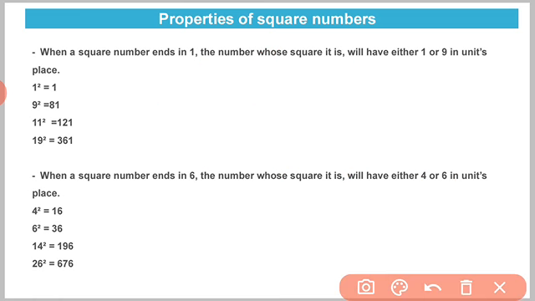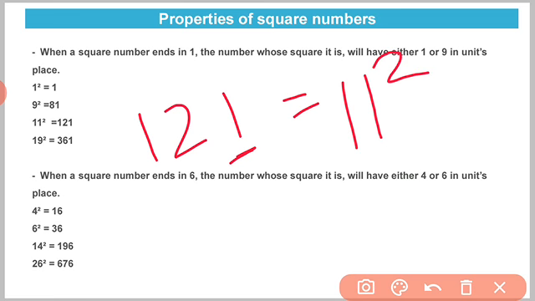If I take 121, 121 is a square number and 1 is appearing at units place and it is a square of 11, and in 11 there is 1 at units place. This means that when a square number ends in 1, the number whose square it is will have either 1 or 9 in units place.